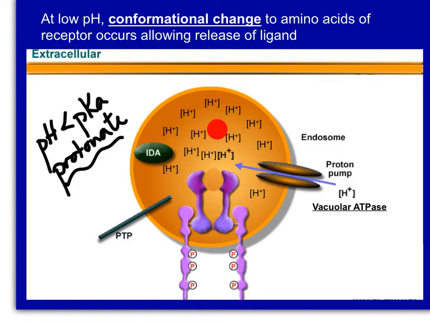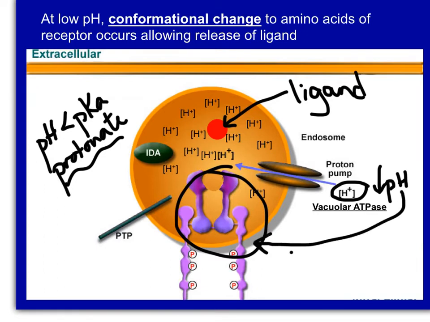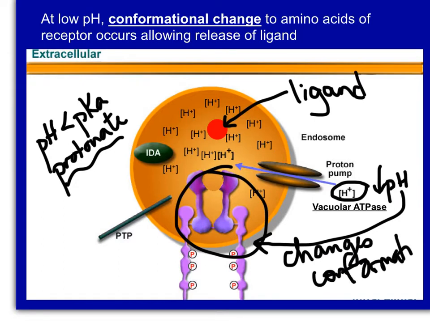So this can change the conformation of the receptor, thereby releasing the ligand at lower pH. So at higher concentrations of protons, the pH is lower. This changes the conformation of the receptor, and that allows the release of the ligand into the lumen of the early endosome.